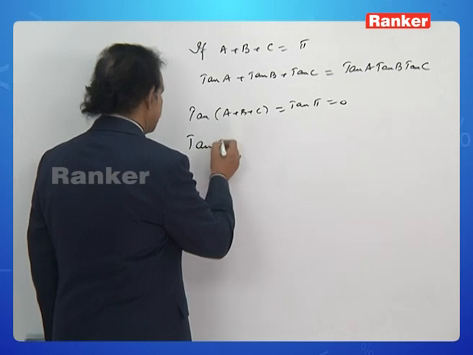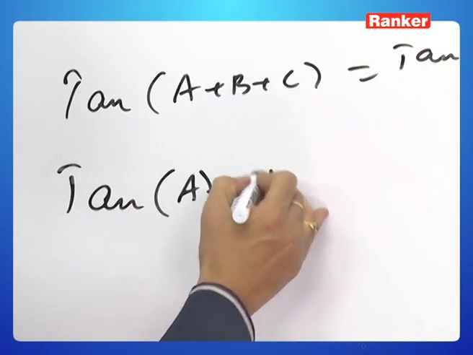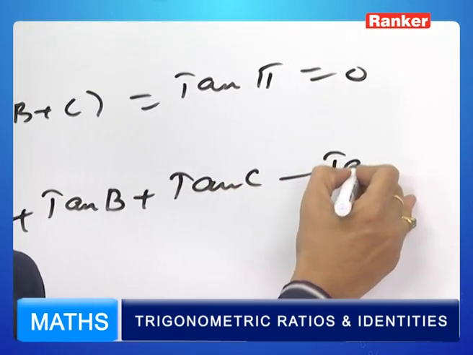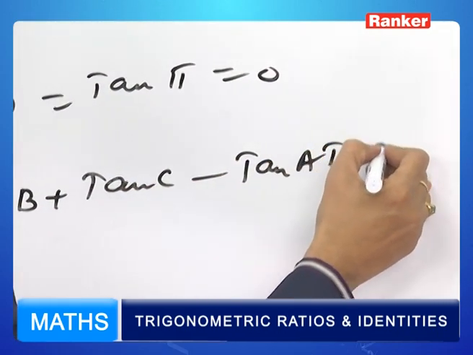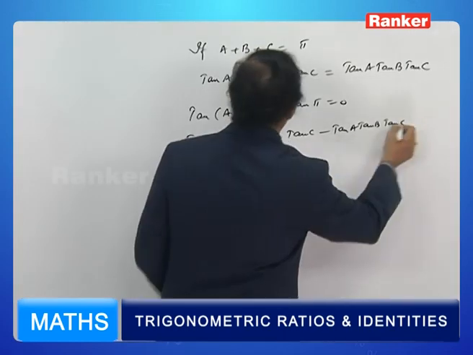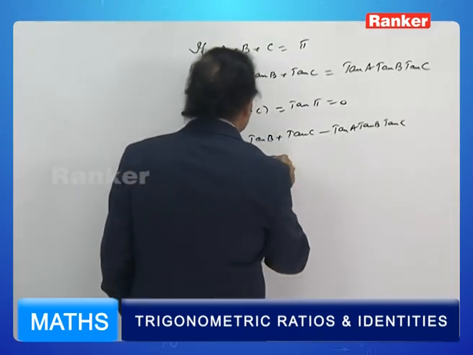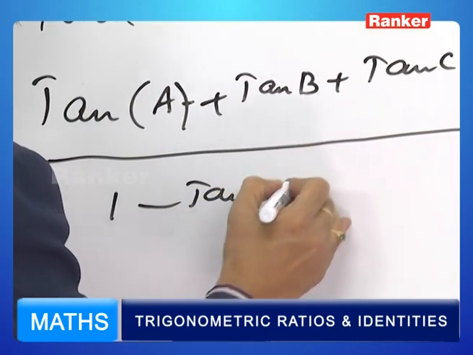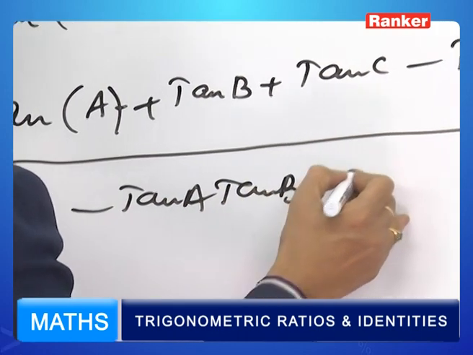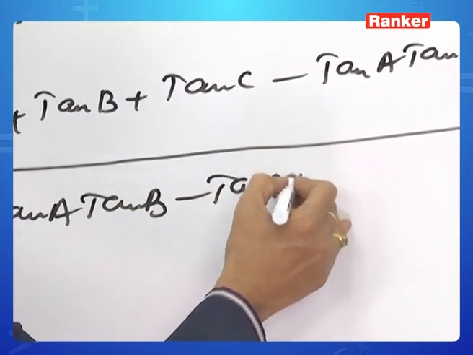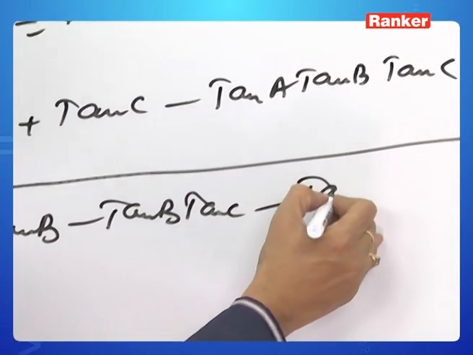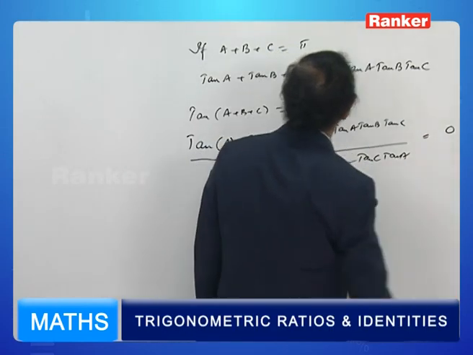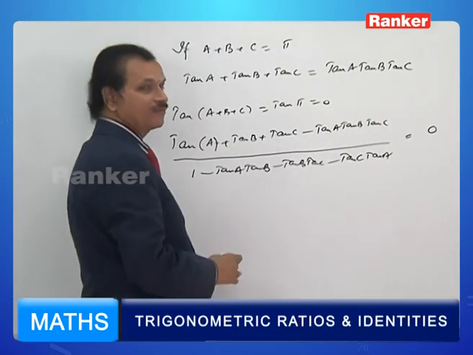Tan of (a plus b plus c) is (tan a plus tan b plus tan c minus tan a tan b tan c) by (1 minus tan a tan b minus tan b tan c minus tan c tan a), is equal to 0. Therefore, the numerator becomes 0.